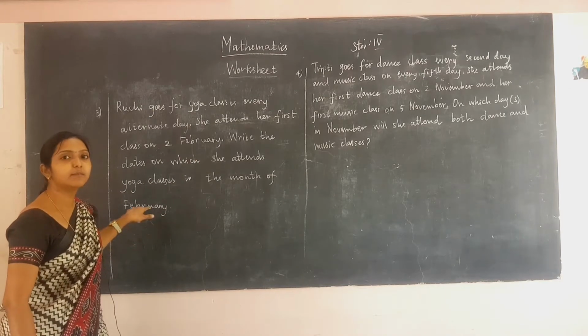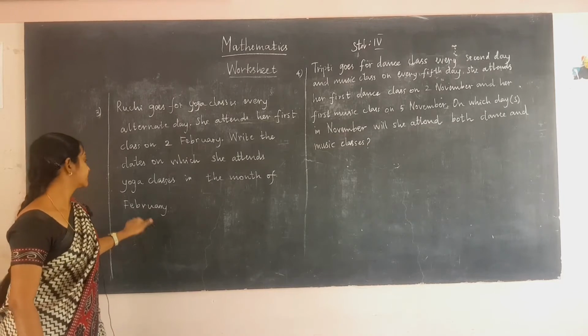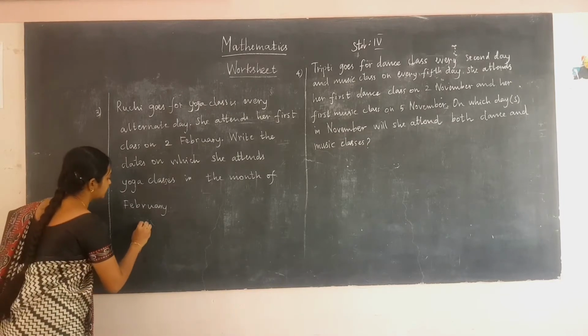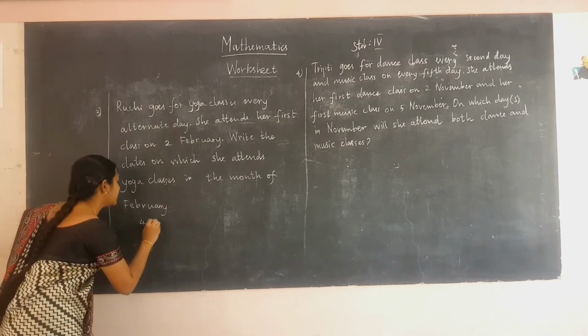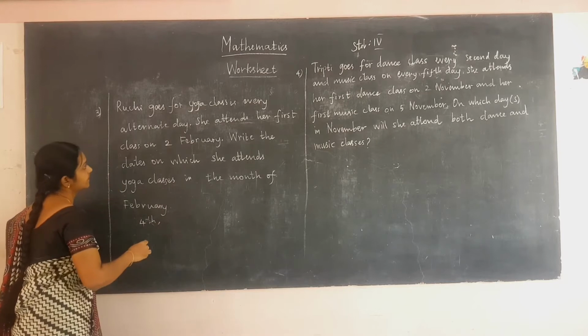It is nothing but multiples of 2. Multiples of 2 are 4, 6, 8. So it will be 4th of February next to 2.